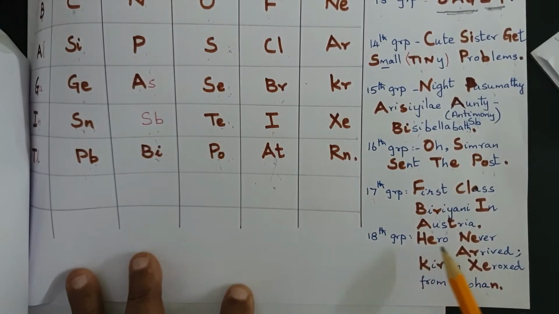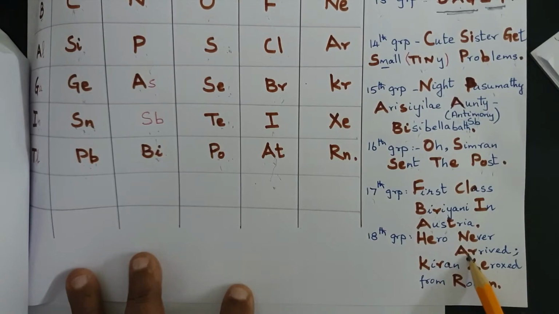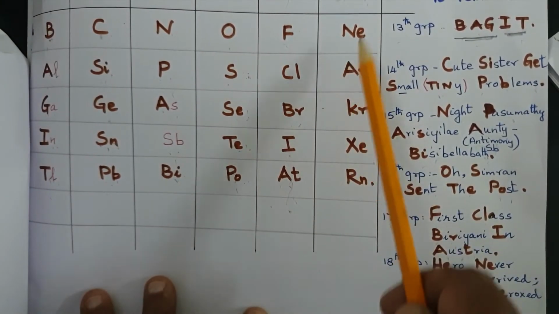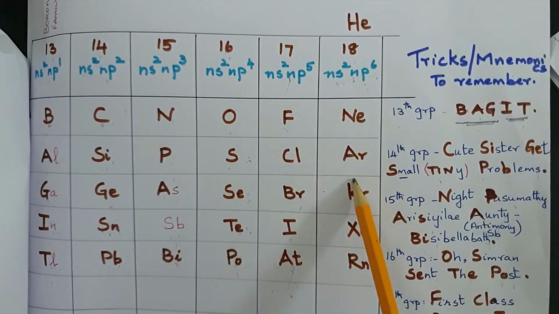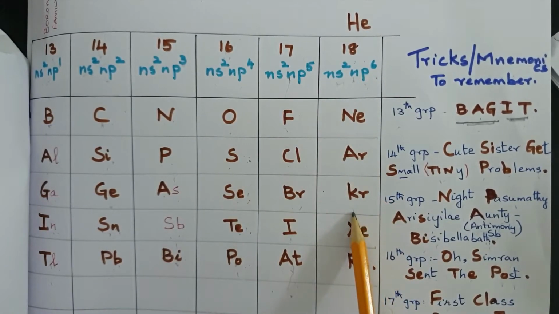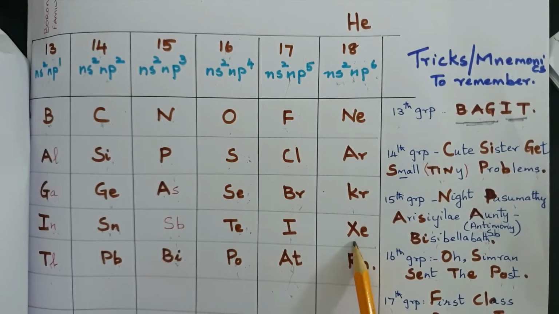Hero, helium, neon, argon, krypton, Kiran xeroxed from Rohan. Kiran, Kr, xeroxed from Rohan, Rn.